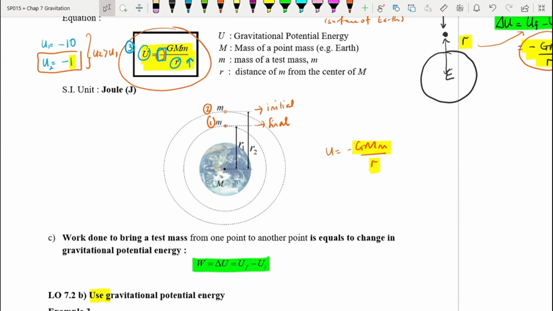So kena faham definition tu: work done to bring any object from infinity to a point, we can just simply use the formula of U, negative GMm over R. Tapi kalau soalan tanya daripada satu point kepada point yang lain, dua-dua ada nilai R, kita kena tolakkan final tolak initial. Last kali nak highlightkan tentang unit bagi gravitational potential energy, unit dia mestilah joule.